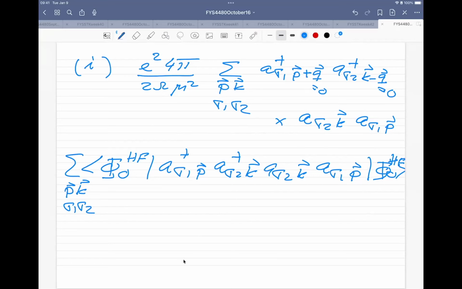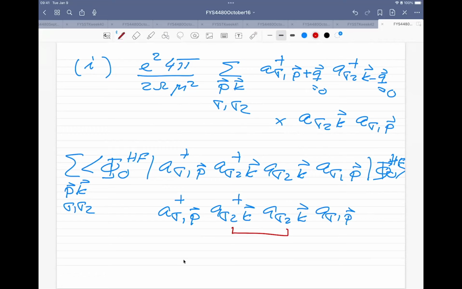So we can now set up the contractions which will be present. We are going to have two types of contractions here. So let's just write them down. We have A sigma 1 of P dagger, A sigma 2 of K dagger, A sigma 2 of K, A sigma 1 of P. So the type of contraction which we can have is obviously this one.